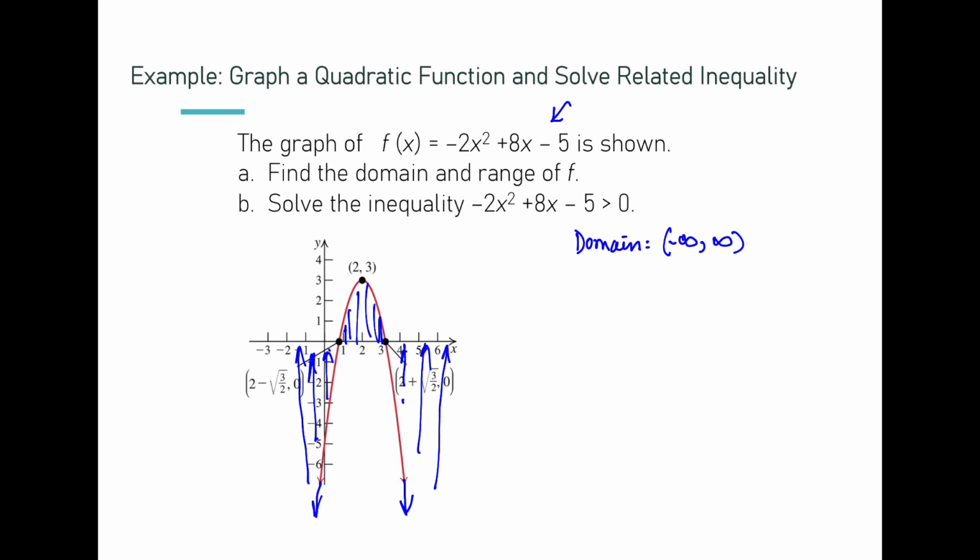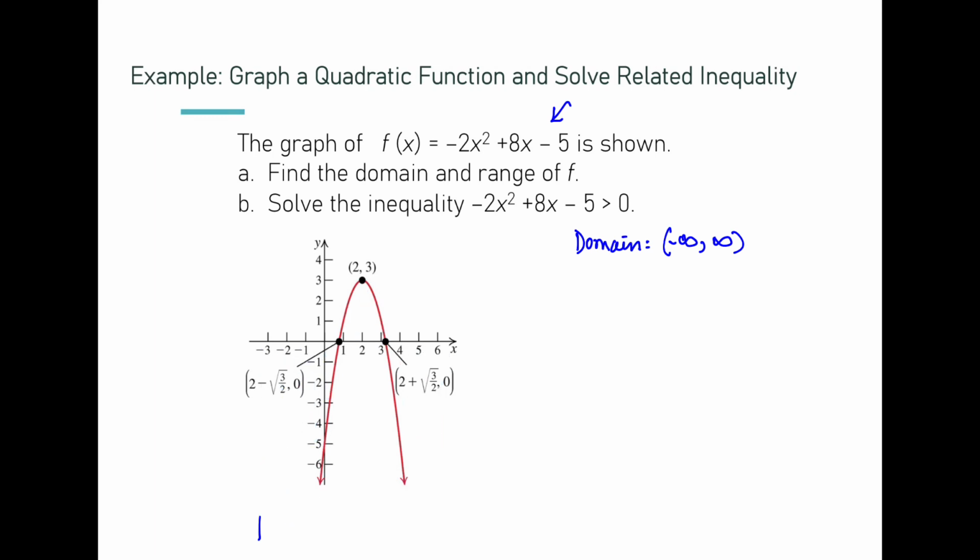We're not allowed to put any more negative numbers in. It's just going to continue to get lower and lower and lower. So, negative infinity to positive infinity. In fact, every parabola, unless there's something off about it, something unique or weird about it, has the domain of all real numbers. Okay, I'm going to go ahead and erase this.